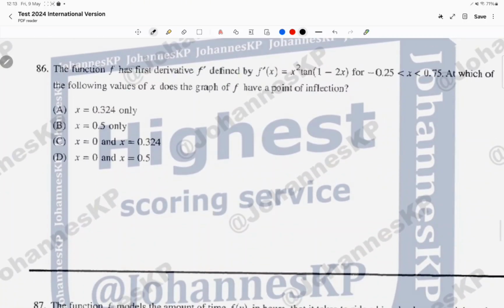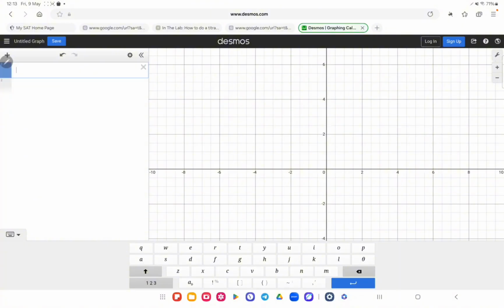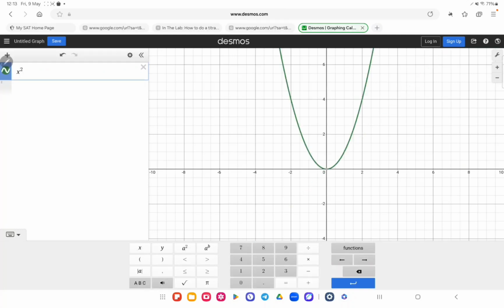86. You want a point of inflection, right? That means we must draw it and see where the slope is flat and see if there's a sign change on the left and right. So let's go to Desmos and plug in f prime. So x squared tangent 1 minus 2x.